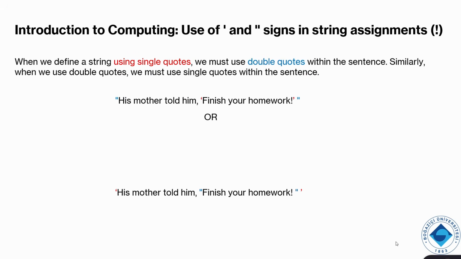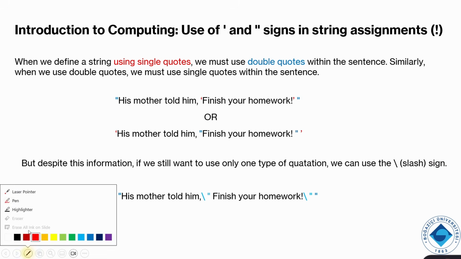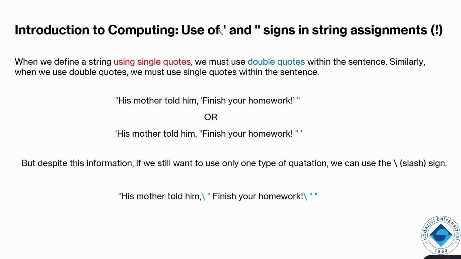And we were using a single quotation mark like this and double quotation marks to be able to define a string, right? When we define a string using single quotes, we must use double quotes within the sentence. Similarly, when we use double quotes, we must use single quotes within the sentence.